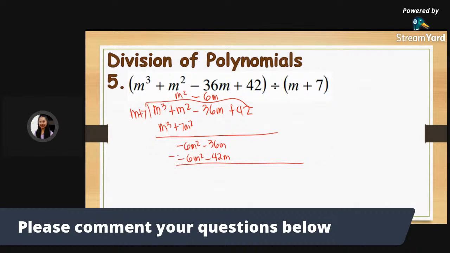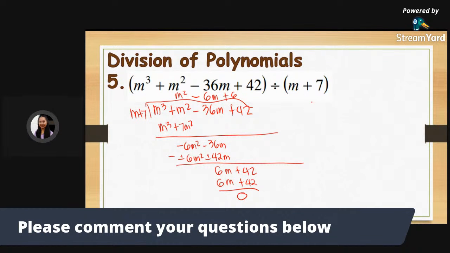If we subtract them, this will become positive and they will become 0. If we have positive here, we get 6m plus 42. So 6m divided by m is positive 6. We get 6m. 6 times 7 is 42. Take note that we don't have remainder here.